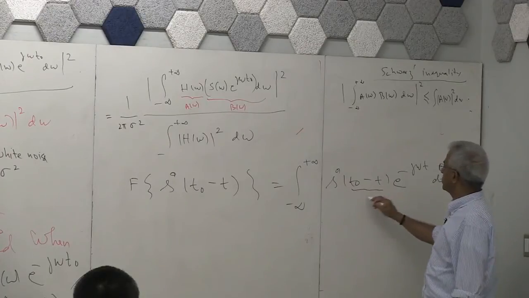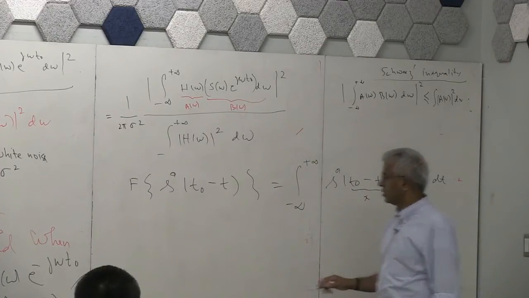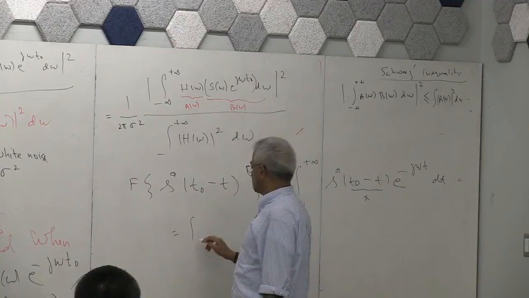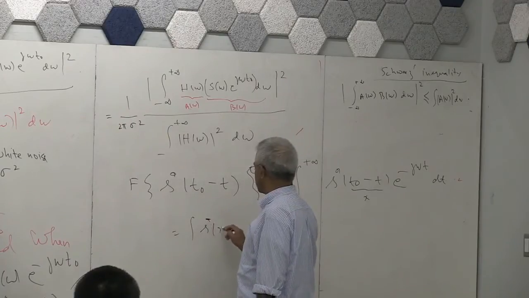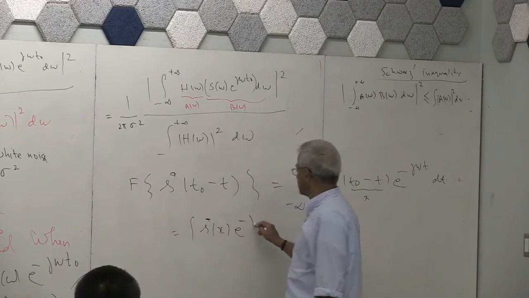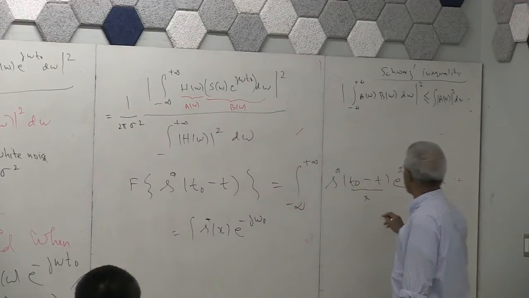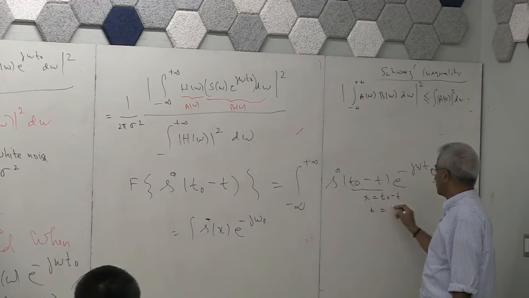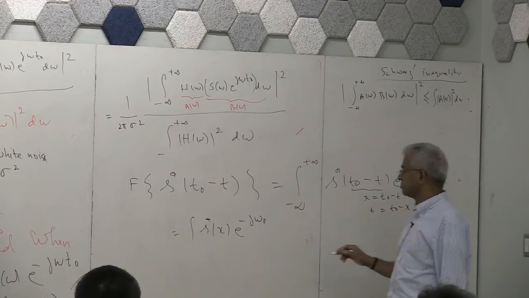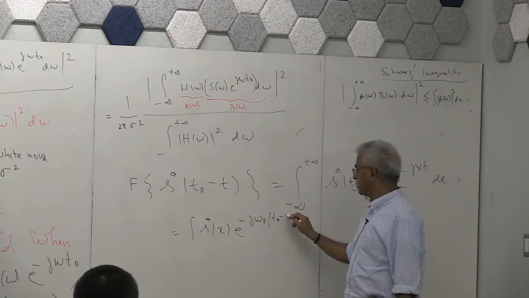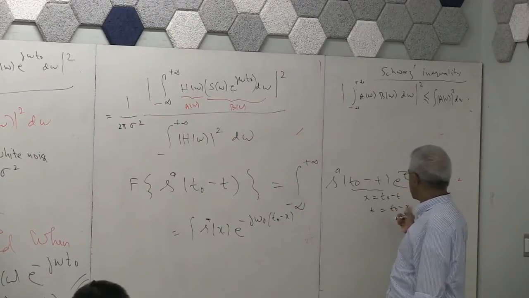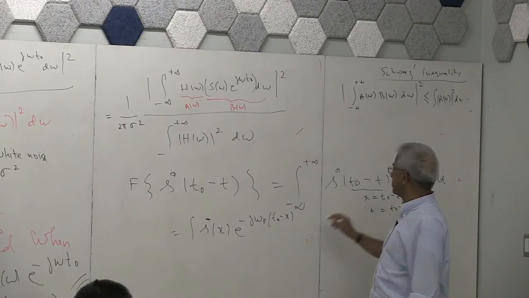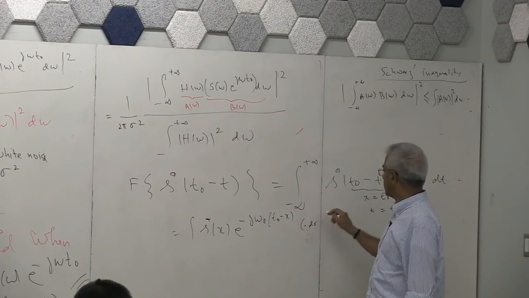So let me make this x. So this is s star of x e raised to minus j omega. Remember, x is t naught minus t, so t is t naught minus x. So dt is minus dx.